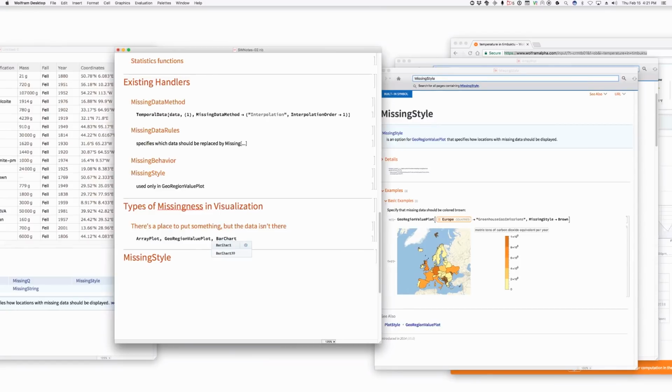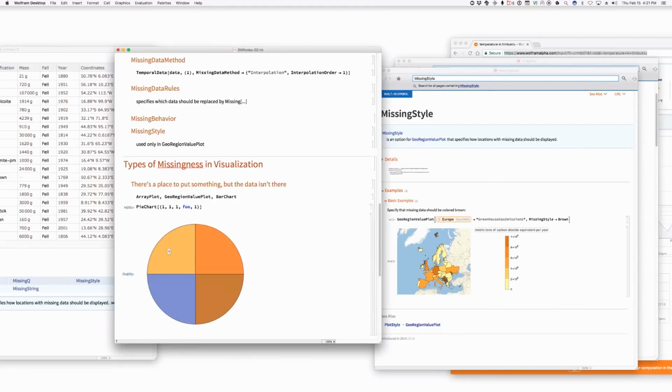No, not pie chart. Okay, so let's think about pie chart. What happens if I say pie chart of 1, 1, 1, foo, 1? You'll get quarters.